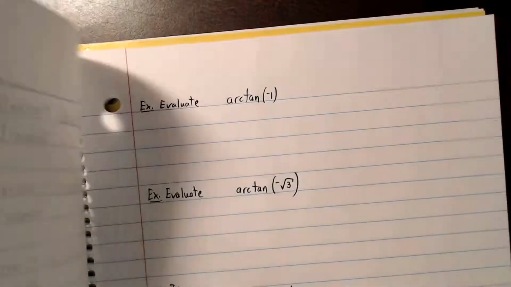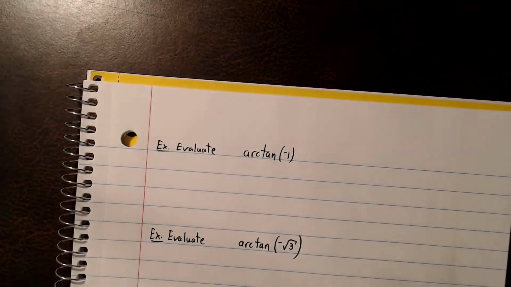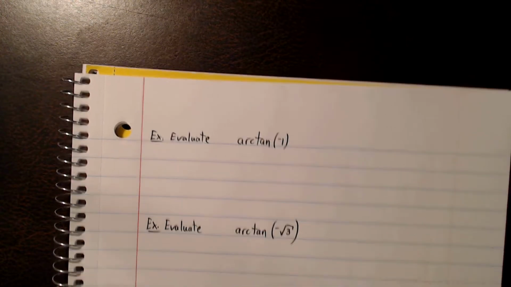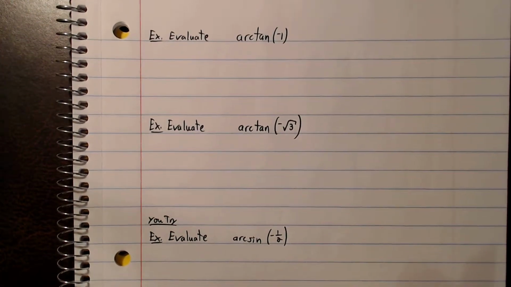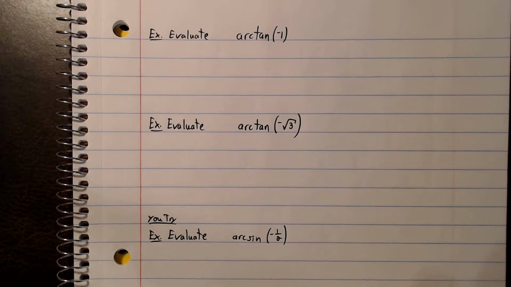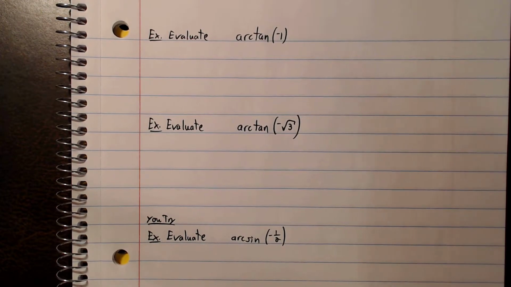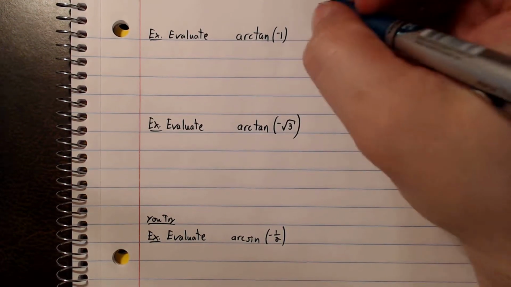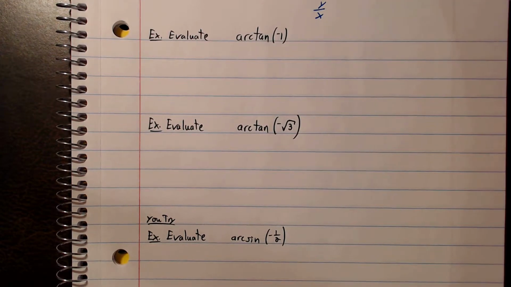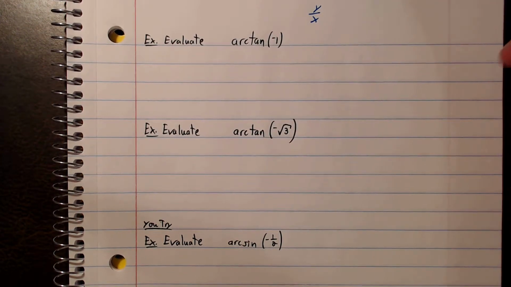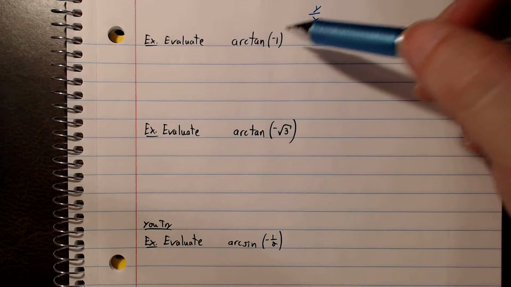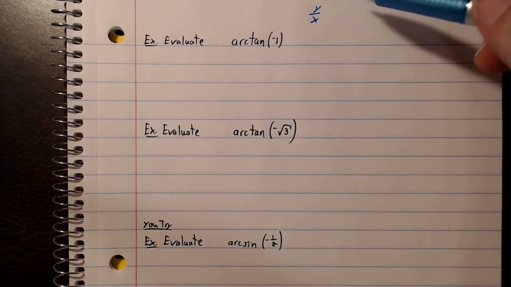We're going to look at tangent next. Tangent's a little bit more tricky because we have that y over x thing that we got to worry about. So this problem says arctan of -1. Now I got to think about it. We're working with y over x, and we need it to be equal to -1 specifically.